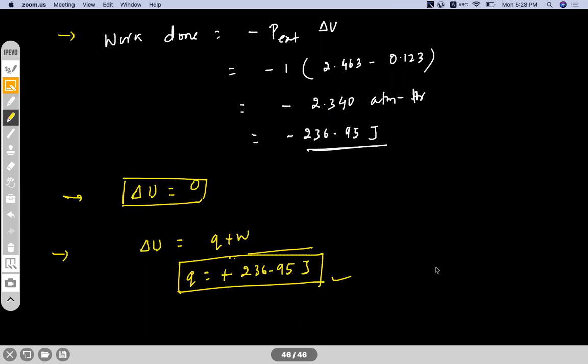Okay, now when you have a PV graph given, then the work done would be what? Area under curve, that you know. Okay, so look at this question here.